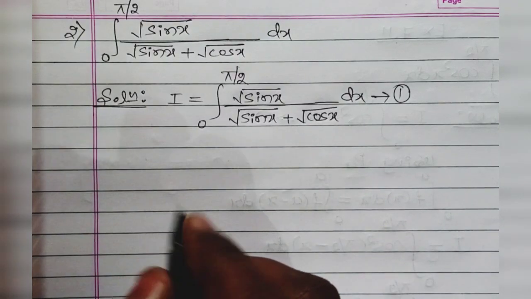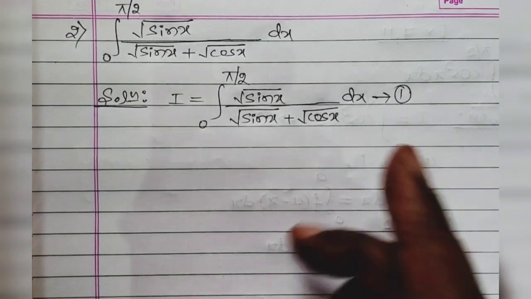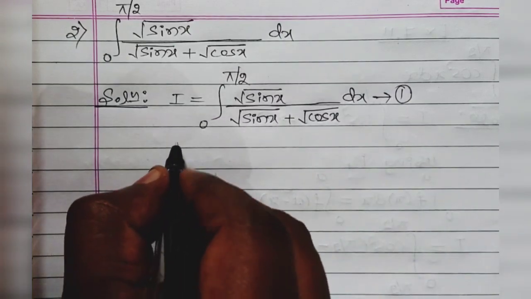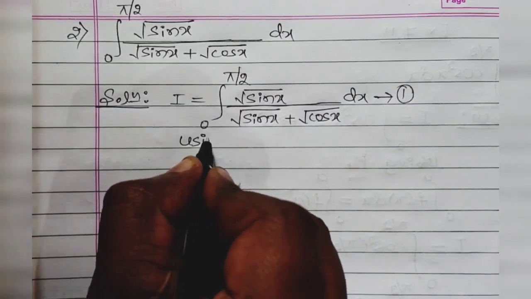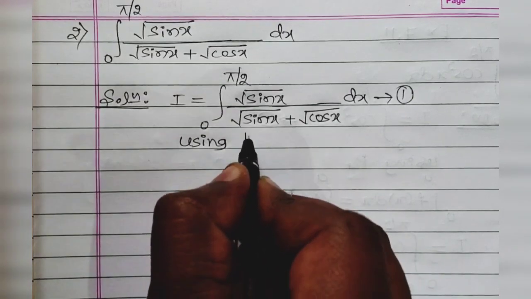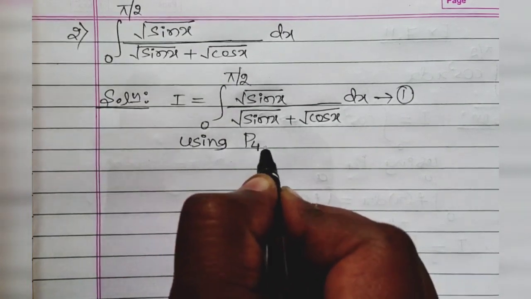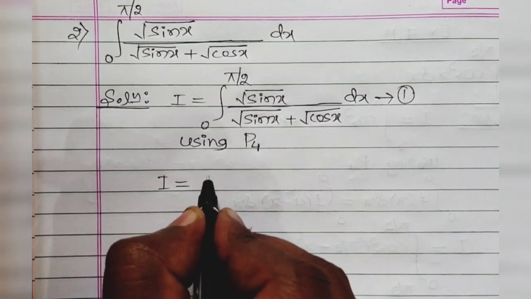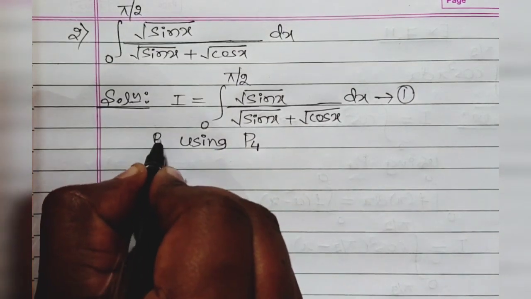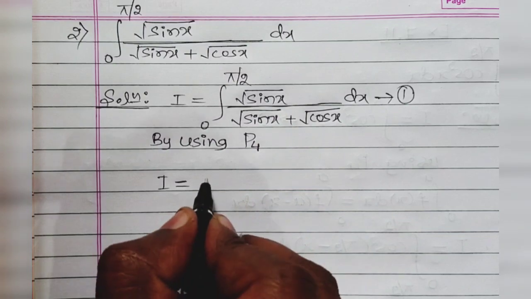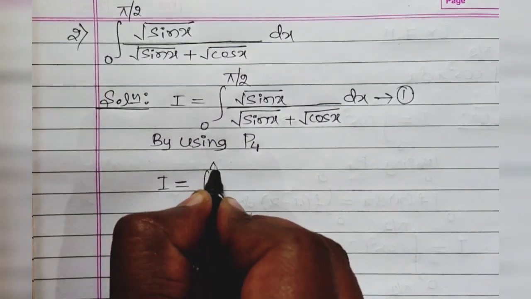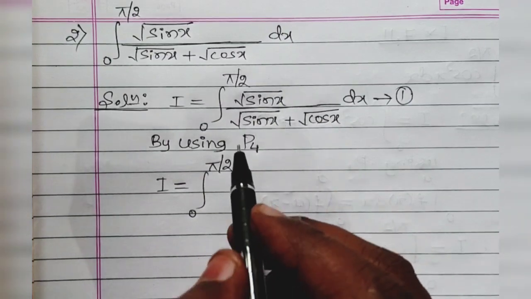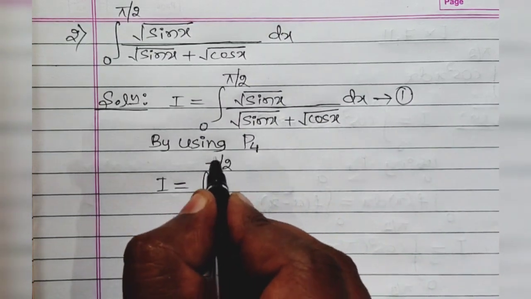Again we have to use P4. It is in the form of the integral from 0 to a of f of x dx. So using P4, I equals the integral from 0 to pi by 2, where f of x can be written as f of a minus x. Here a is pi by 2.